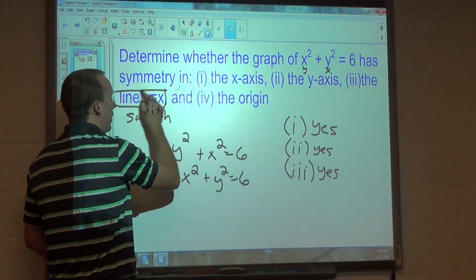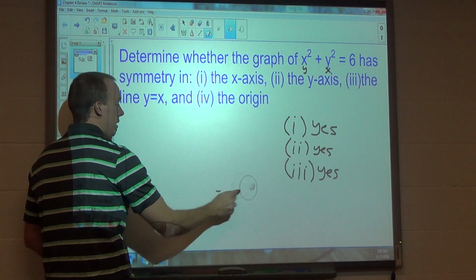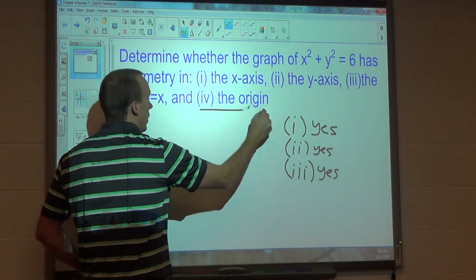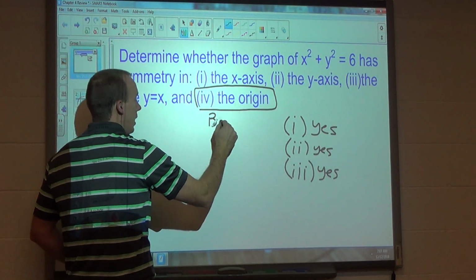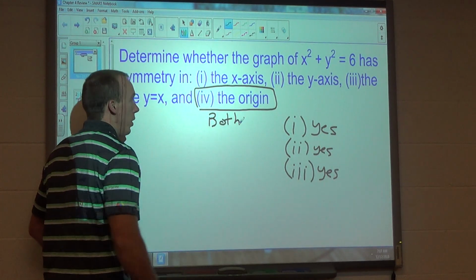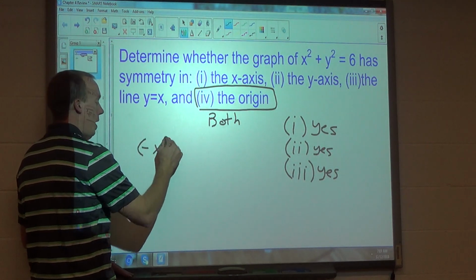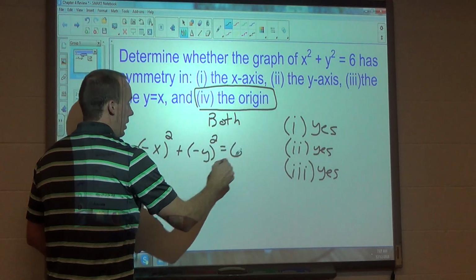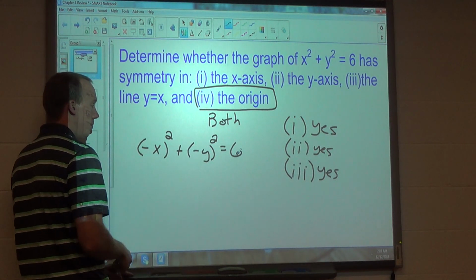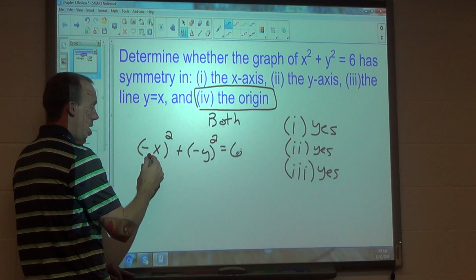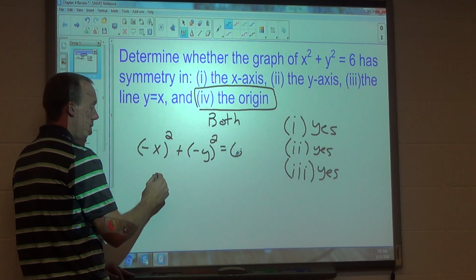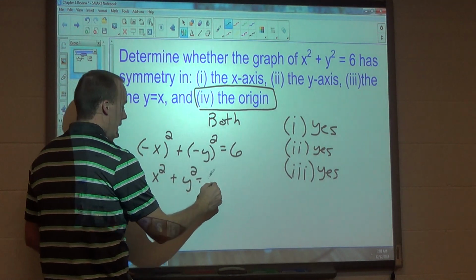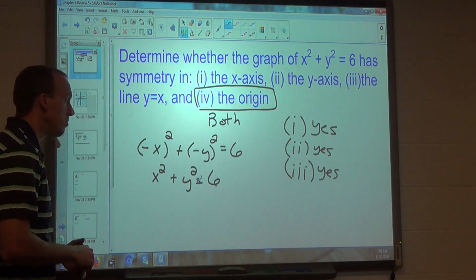Okay, and the fourth and final test is over the origin, and we do a negative for both. So I'm going to plug a negative in for my x, and I'm going to plug a negative in for my y, and then when I do that, negative x squared would be an x squared here, plus a y squared equals a 6.